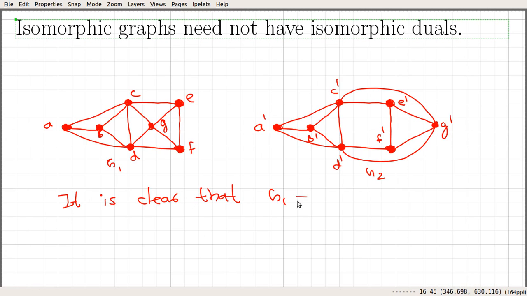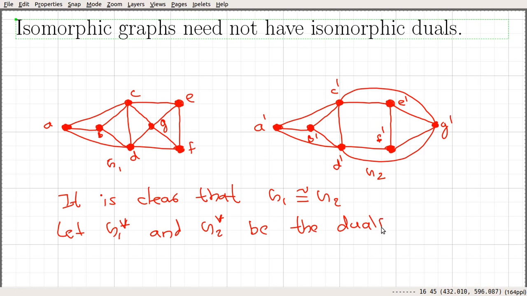We have this correspondence A to A dash, B to B dash, C to D dash, and so forth, and that says these two graphs G1 and G2 are isomorphic. But we can also easily see that their duals are not isomorphic. Let me give an argument for that. You can very easily verify that G1 is isomorphic to G2. Let G1 star and G2 star be the duals of G1 and G2.